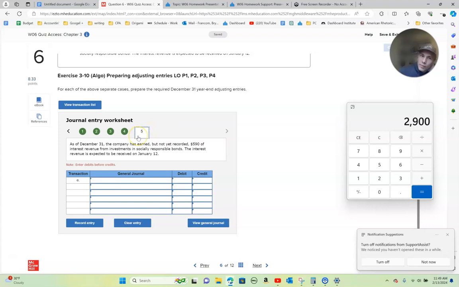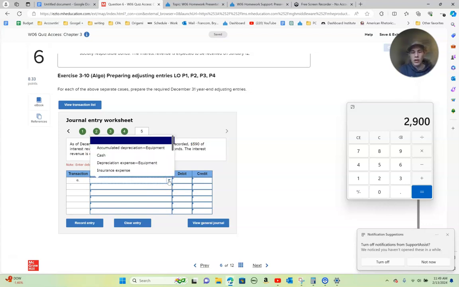And number 5, as of December 31st, the company has earned but not yet recorded $590 in interest revenue from investments in socially responsible bonds. The interest revenue is expected to be received on January 12th.